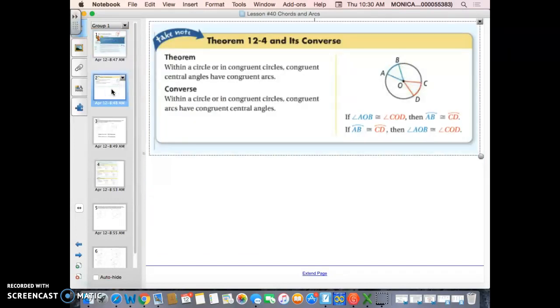So within a circle, congruent central angles have congruent arcs. We call it a central angle if its vertex is at the center of the circle. Basically, if this measure right here is 30 degrees, then the arc is also 30 degrees.